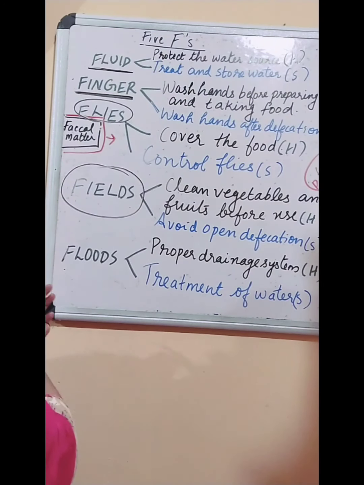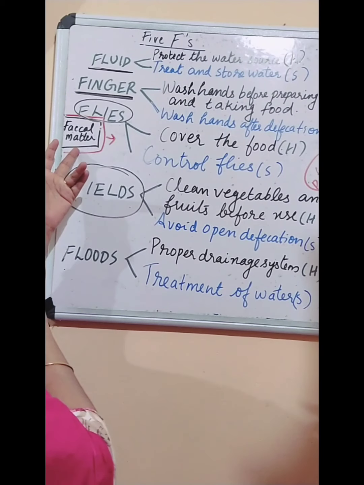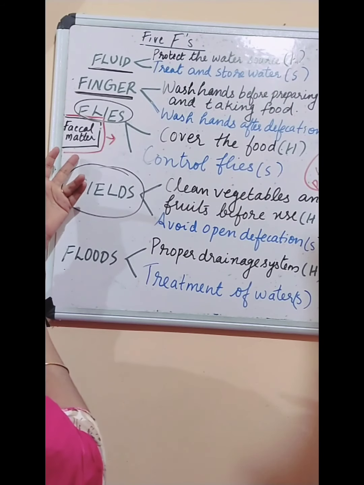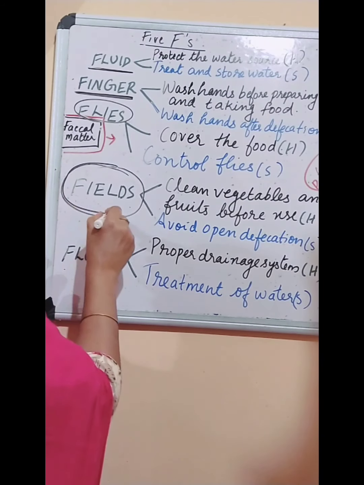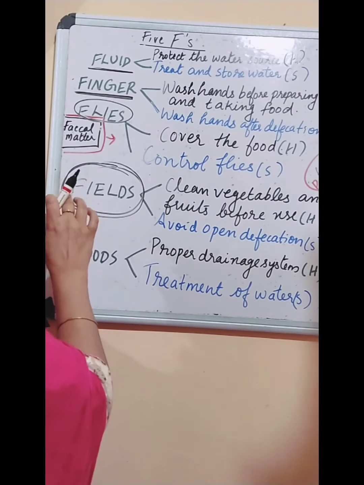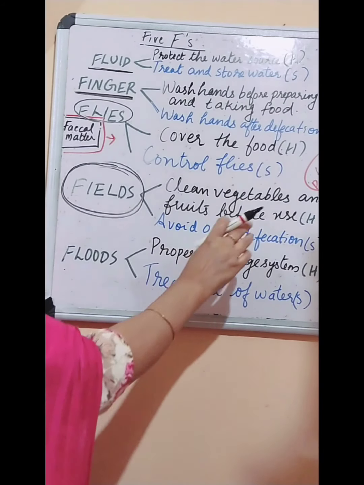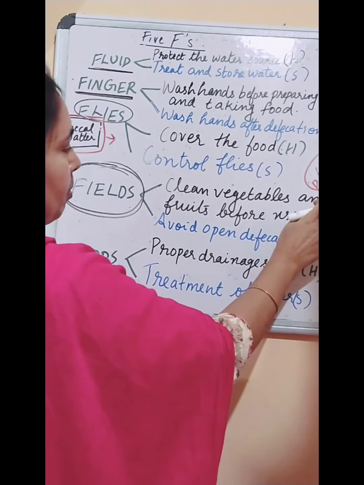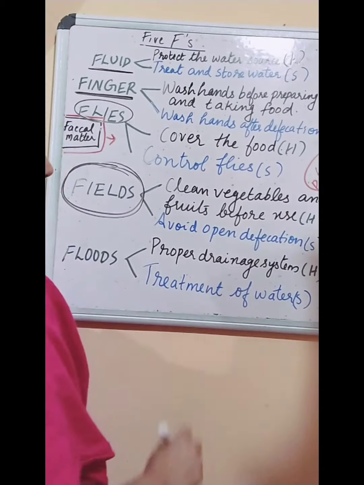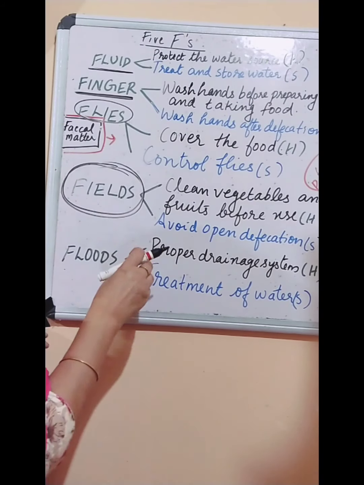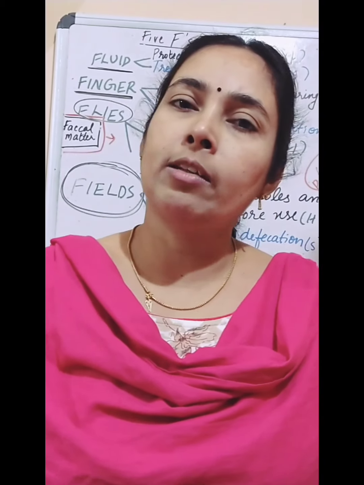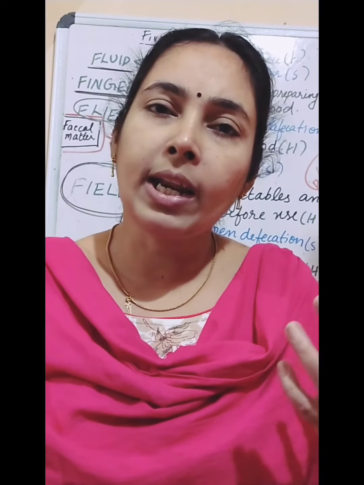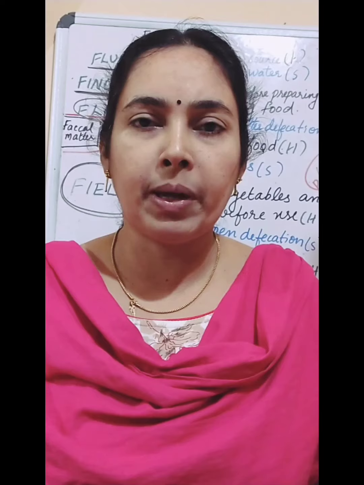Fourth F is fields. So if people are defecating outside in open ground, so many germs will be present in the fields. So what happens? What is the hygiene? Clean vegetables and fruits before use. So from the field, if you are collecting vegetables and fruits, soon after collecting it from the field, if you are eating without washing, what happens?